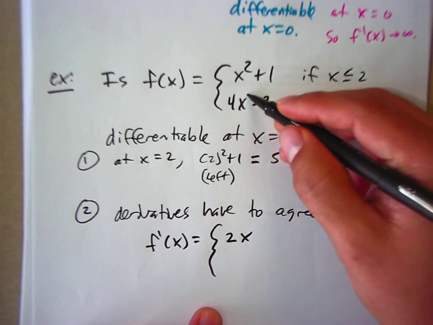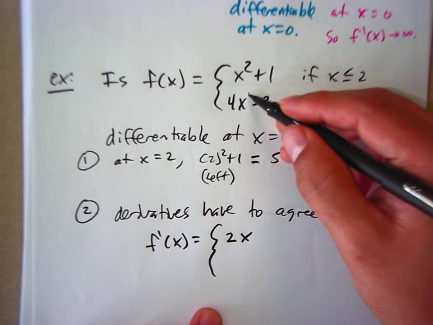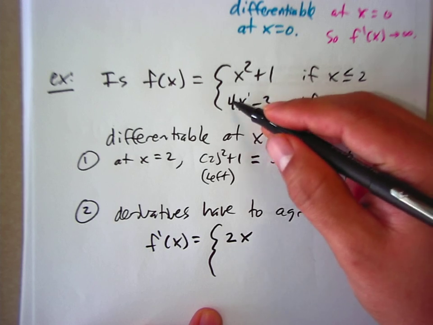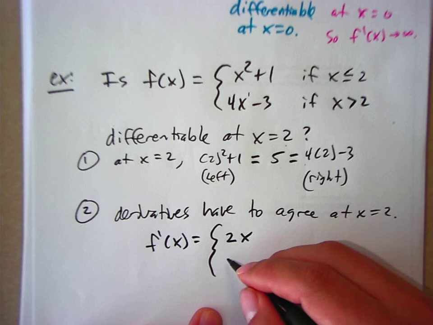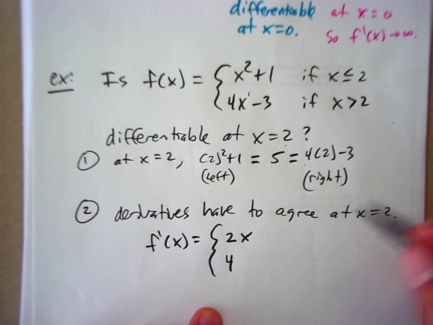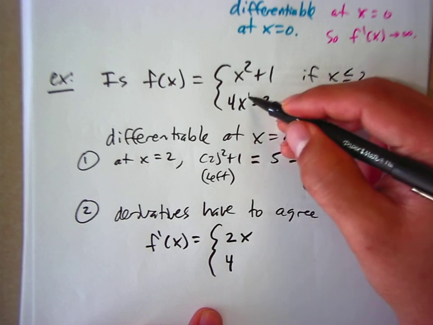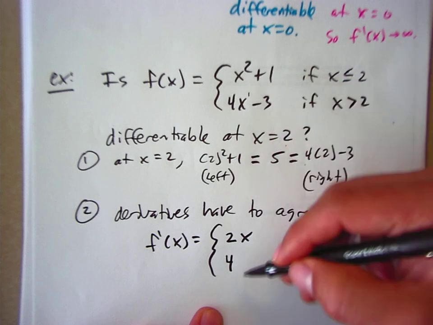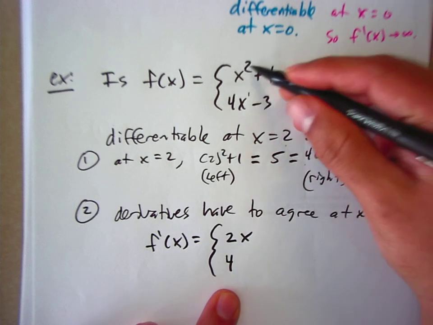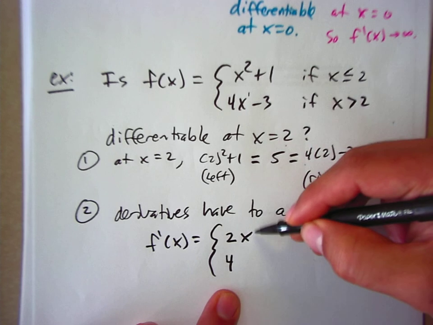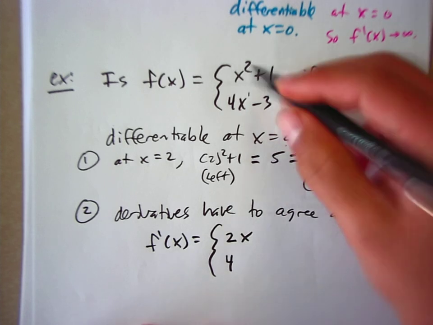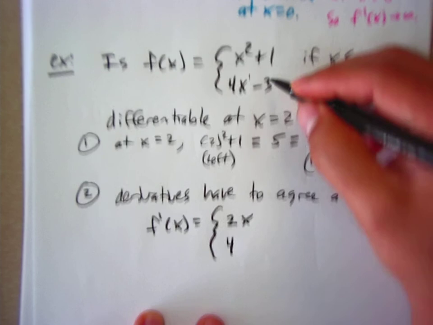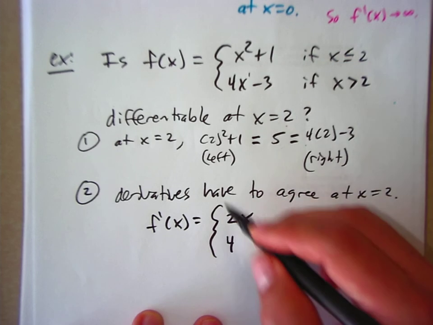Here, 4x minus 3: the power there is just a 1, so that goes out in front, multiplies the 4, still going to be 4. Decrease this exponent, so now it's x to the 0, so we just get 4. Same thing as we did up here, this exponent becomes x to the first. And the derivative for negative 3 is going to be 0, and so here's our new piecewise graph.